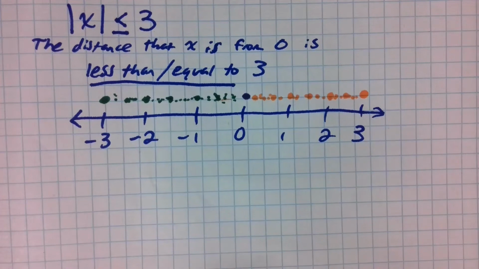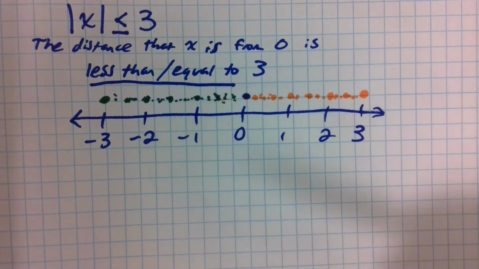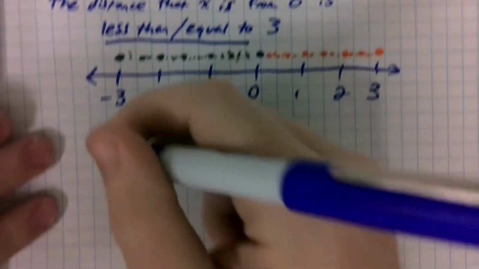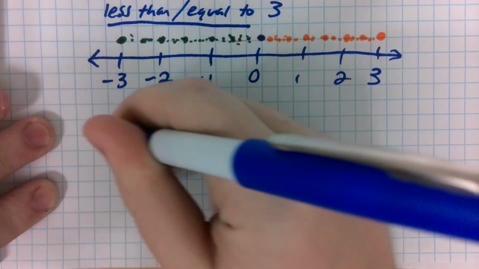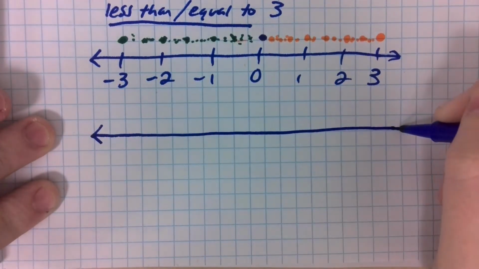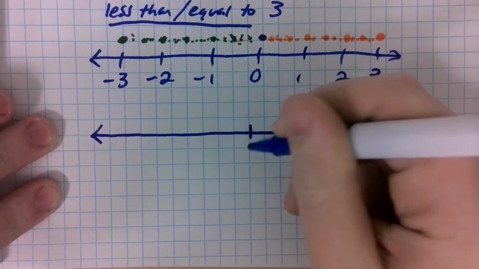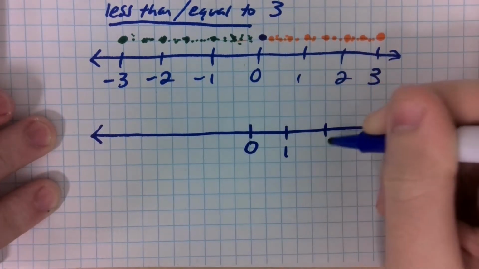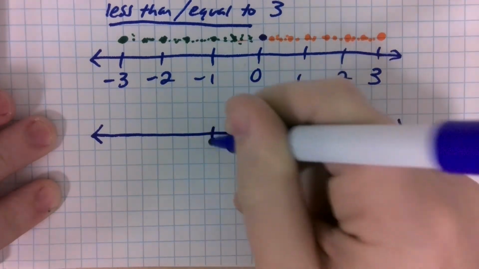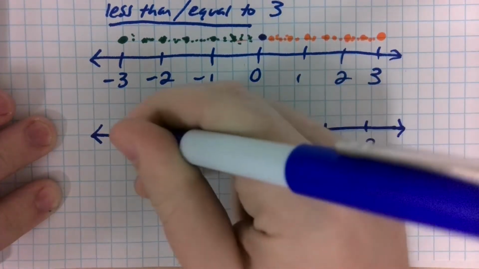However, none of these points ever go further than -3 or +3. In other words, it's almost like we have a line of points that x could be that ends at certain other points. Are you seeing where I'm going with this?